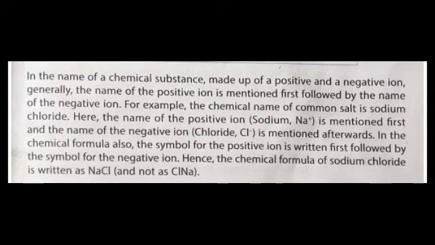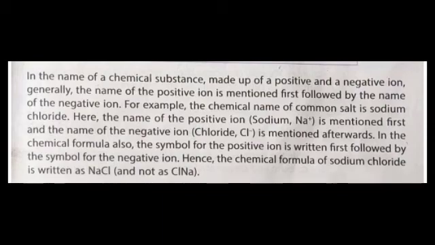In the name of a chemical substance made up of positive and negative ions, generally the name of the cation is mentioned first, followed by the name of the anion. For example, the chemical name of common salt is sodium chloride. Here, the name of the positive ion, that is the cation, is mentioned first, and then the name of the anion, that is chloride.